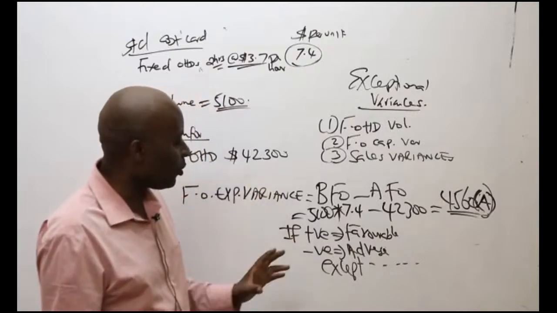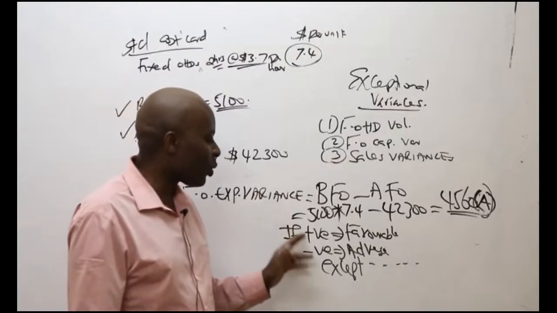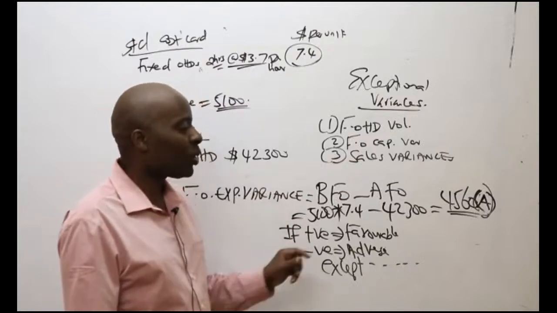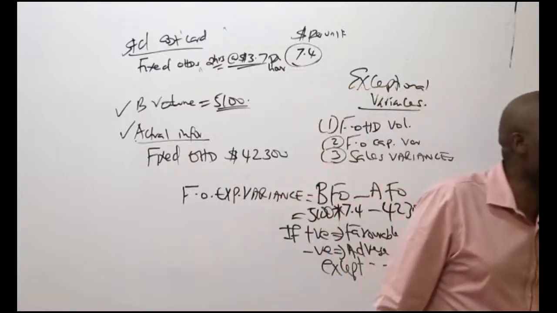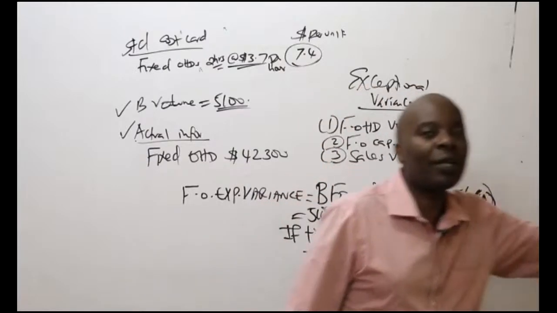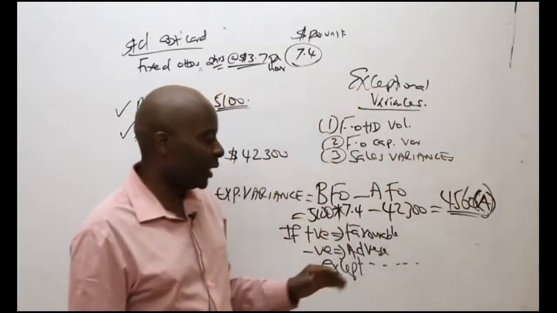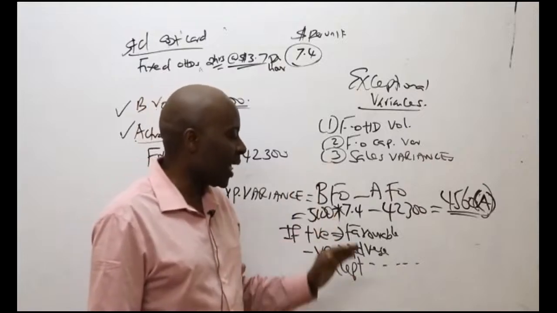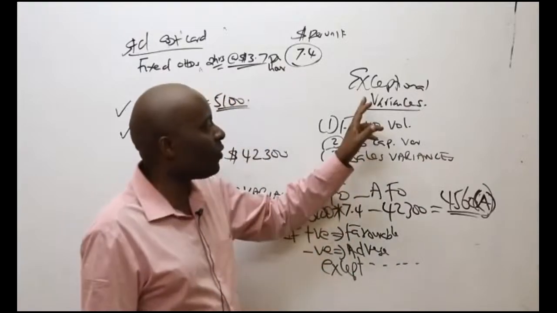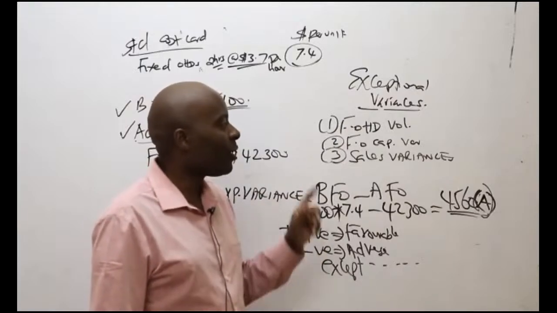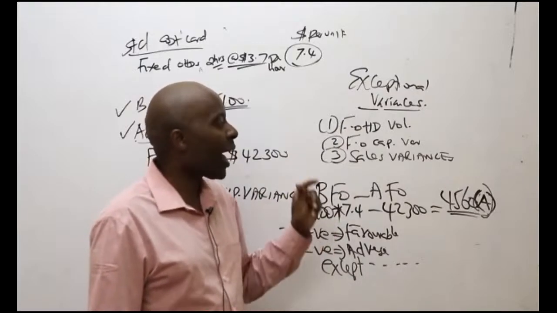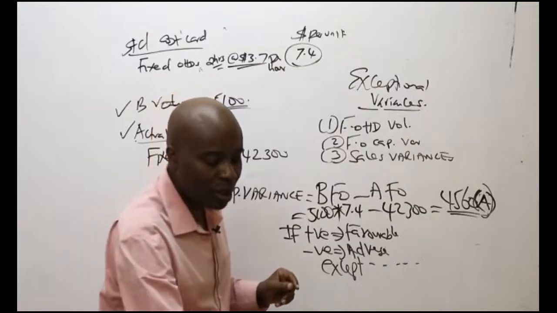Whenever we are computing variances and we happen to get a positive variance, all of them are favorable. Negative variances are adverse. So this should always be the pattern, except these three variances that we are calling exceptional: fixed overhead volume, fixed overhead capacity, and sales variances.